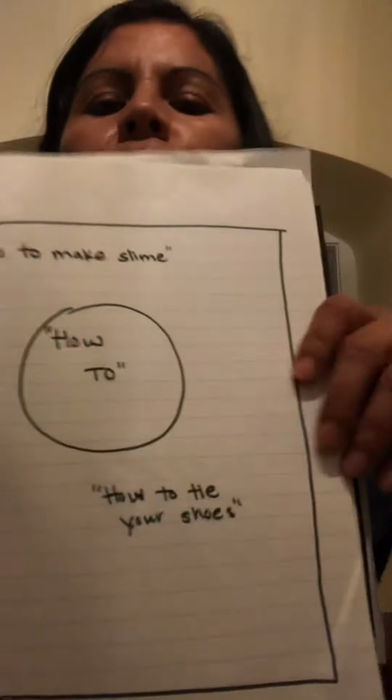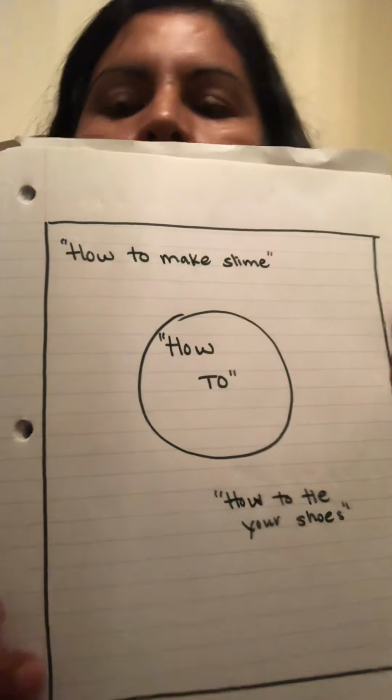Another idea could be how to tie your shoes. Okay, so you can write about anything you want to. Another one could be how to bake a cake.